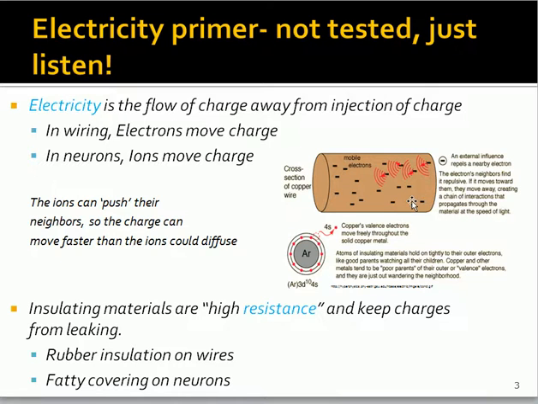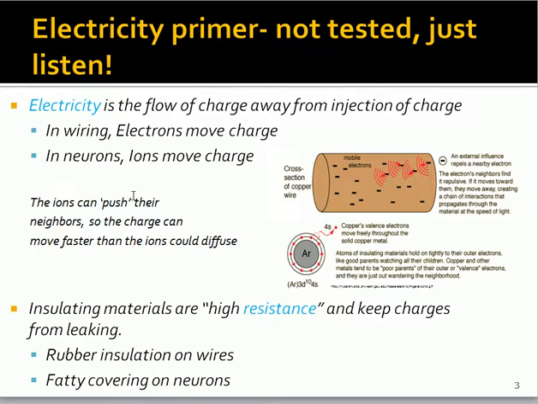And since electricity is a flow of charge, if you add sodium in a neuron on one side, it'll push all the positives away and out the other end of the neuron. So remember, ions, which is what we're using in a neuron, are going to push their neighbors away. So that charge is going to move from the dendrites down to the cell body and out through the axon.